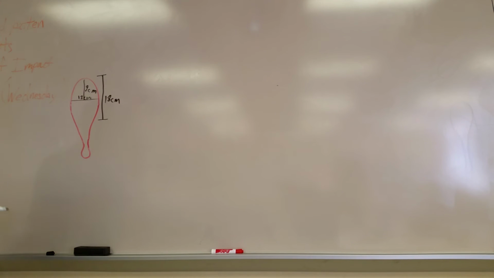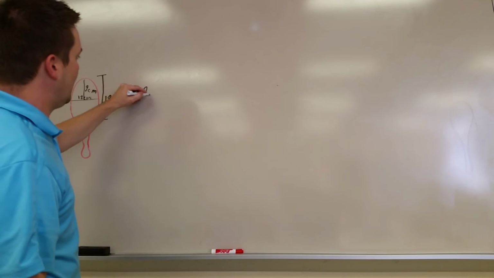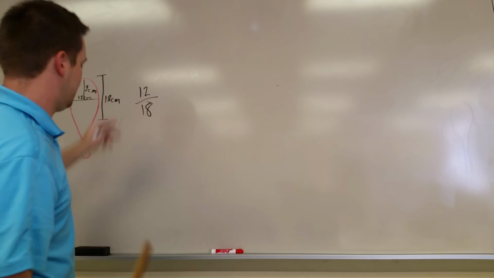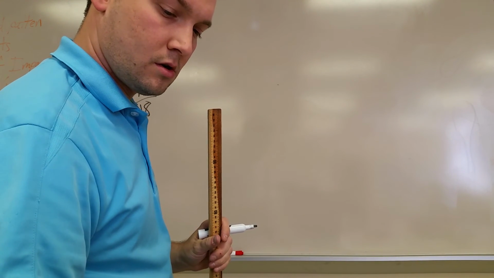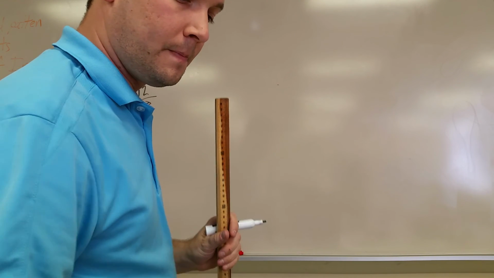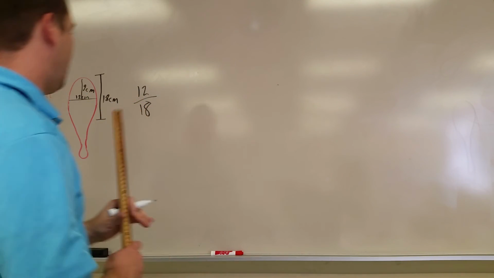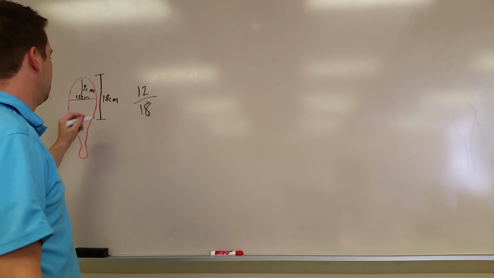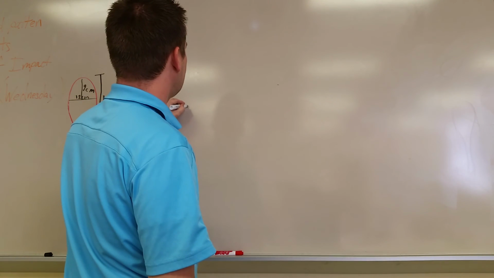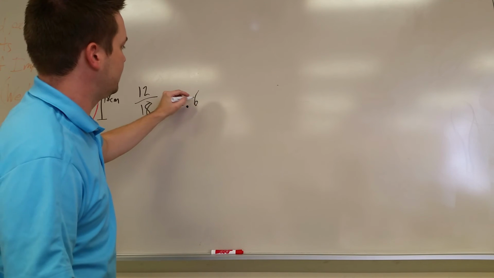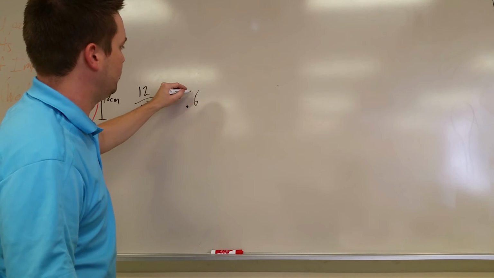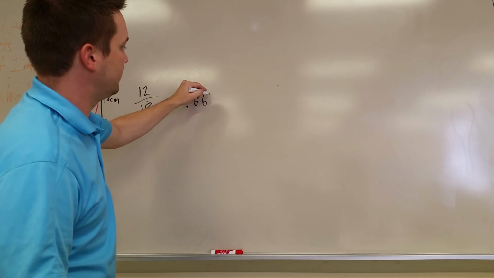All right, our next step is to divide. We do 12 divided by 18. That gives us 0.66 repeating. Okay. We'll go 0.6.